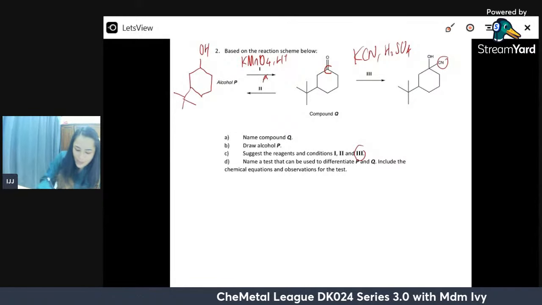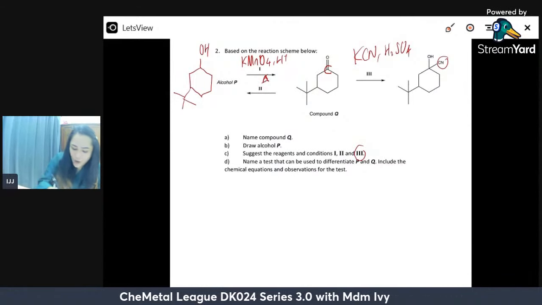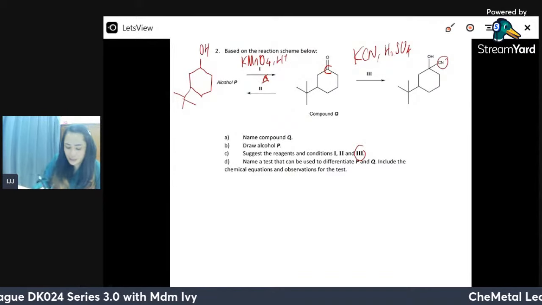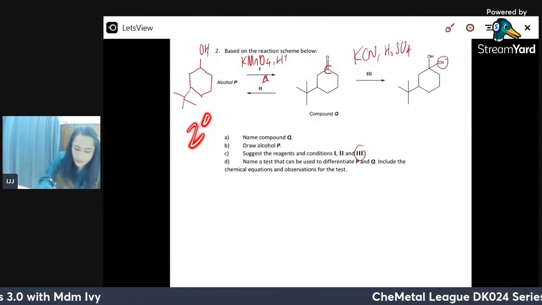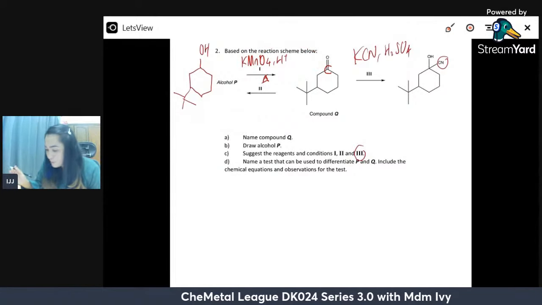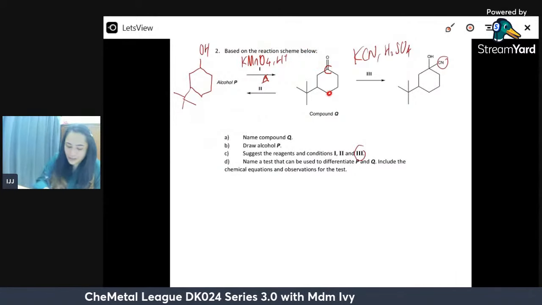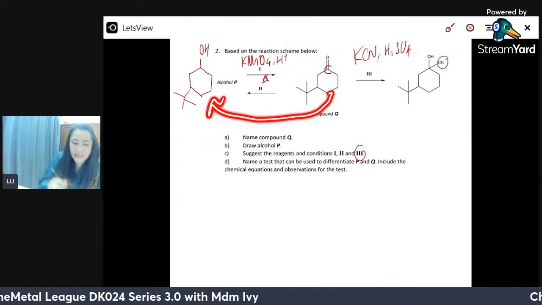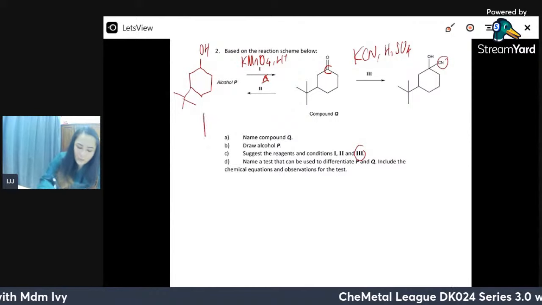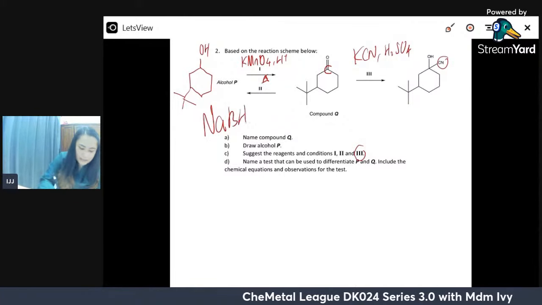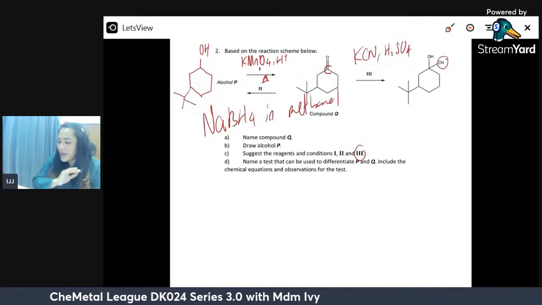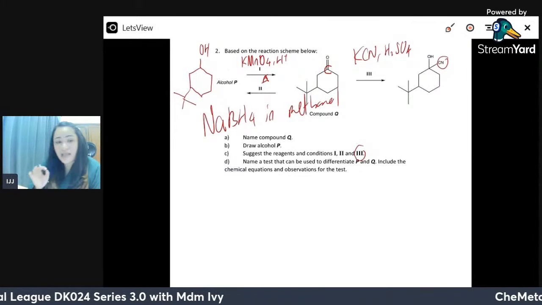Okay, if a secondary alcohol undergoes oxidation, you will get a ketone. And your ketone can undergo reduction back to alcohol P. For reduction you can use NaBH4 in methanol or any reduction agent.